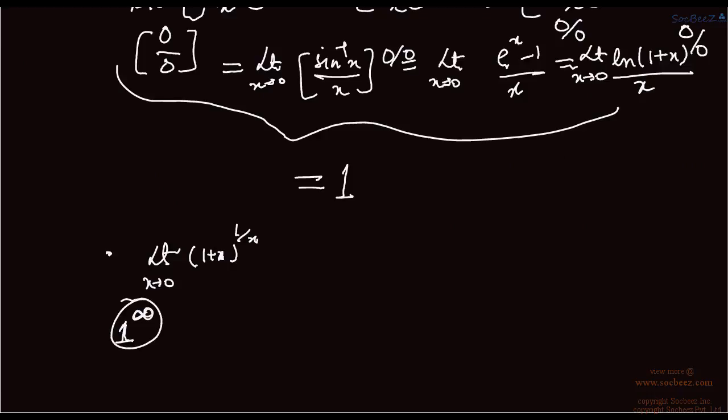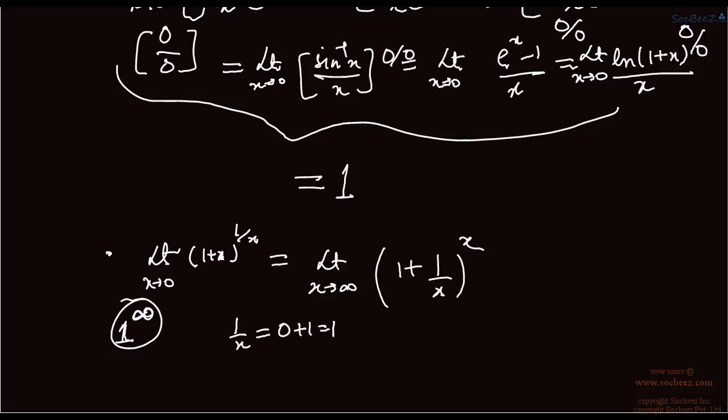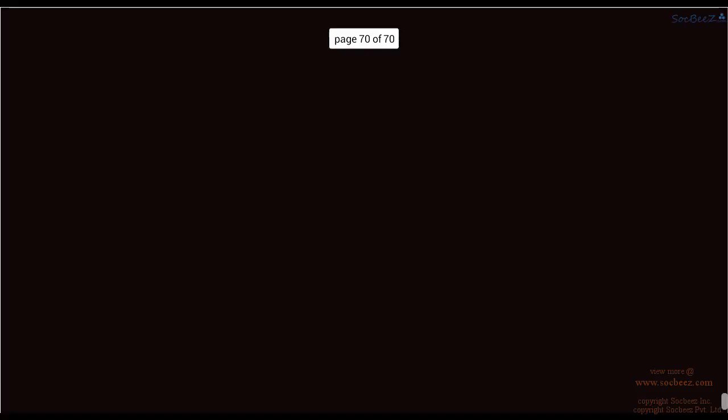This is equal to limit x tending to infinity of (1 plus 1 by x) to the power x. This is also 1 to the power infinity, because 1 by x when x is tending to infinity is 0 and 1 plus 0 is 1, and the power x is infinity. So 1 to the power infinity form. These two equal e.